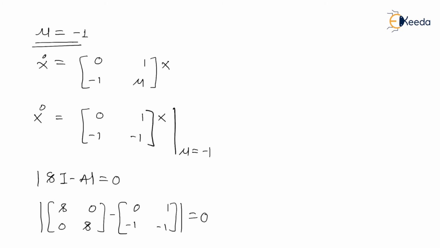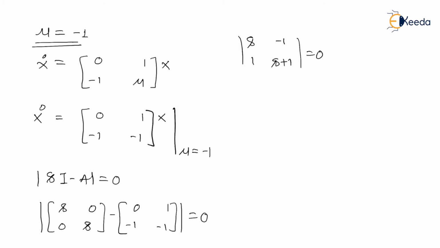So now, if this is the condition, let us find the answer, that is the determinant of [s - 0, 0 - 1; 0 - (-1), s + 1] is equal to 0.